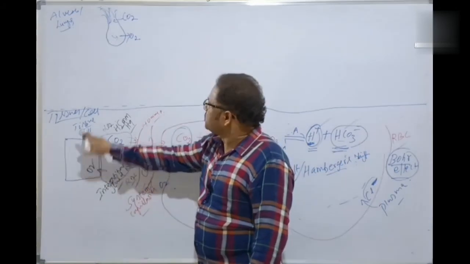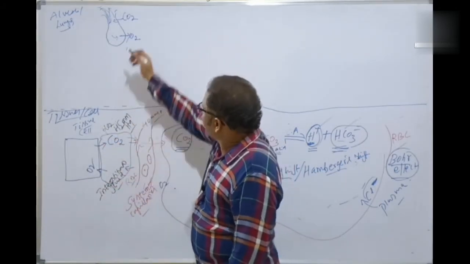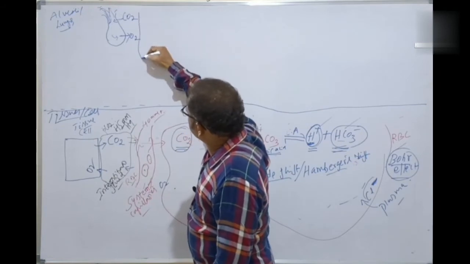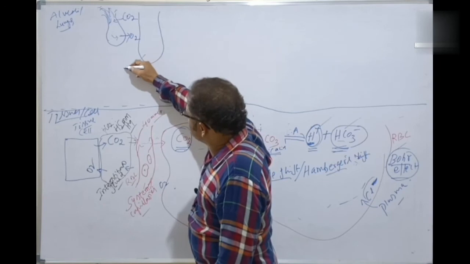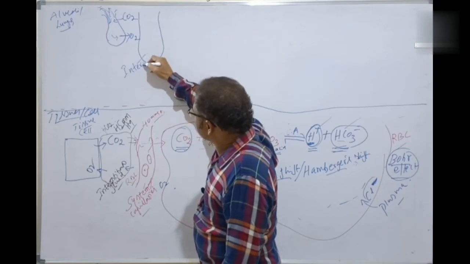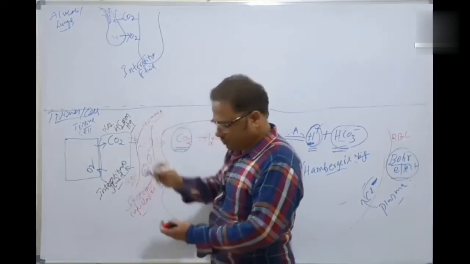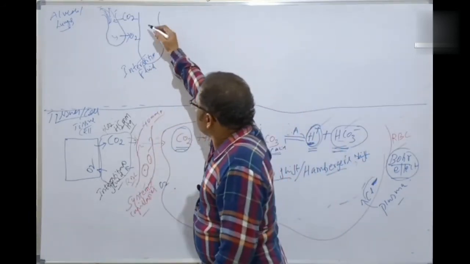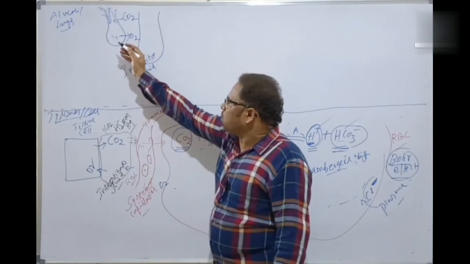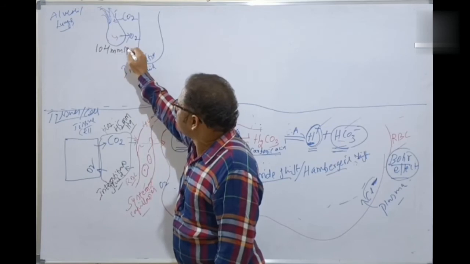Here tissues, here alveoli, that's the difference. Here the interstitial fluid, again here interstitial fluid. And the partial pressure of oxygen is more at the alveoli. How much is that? 104 mmHg.